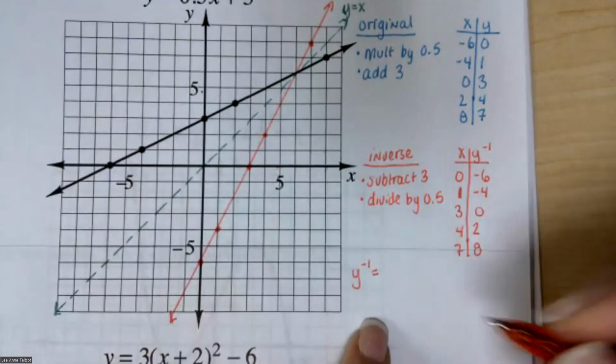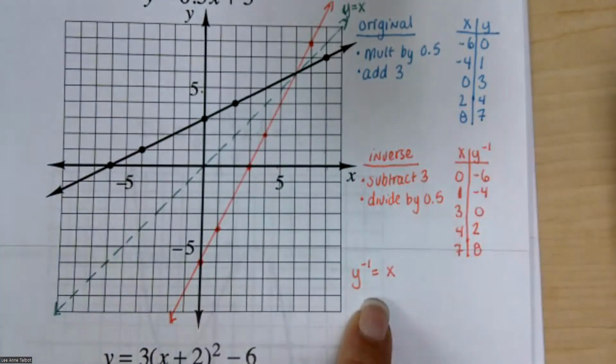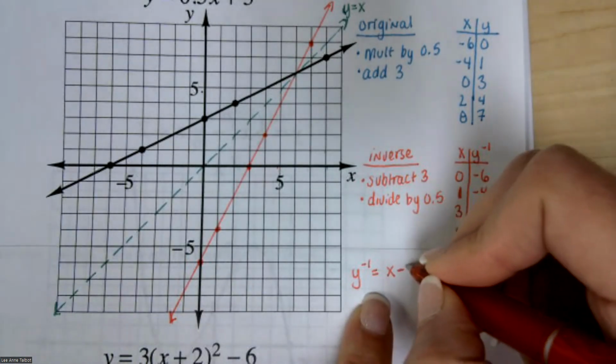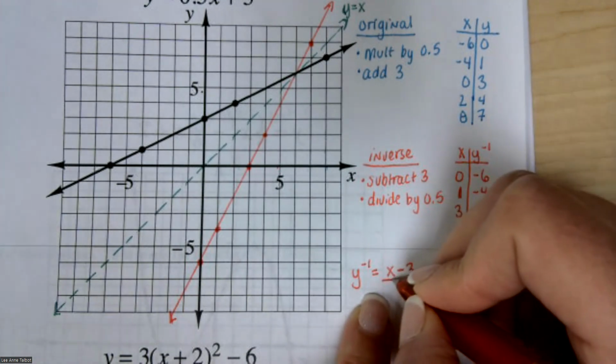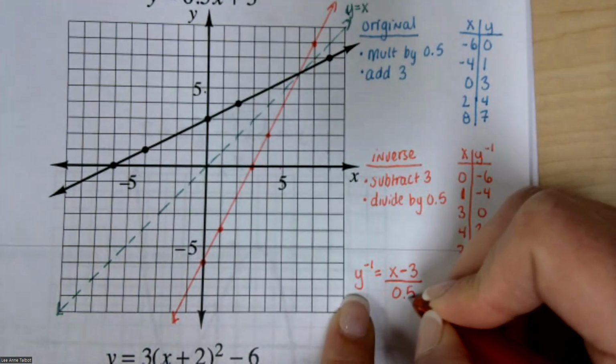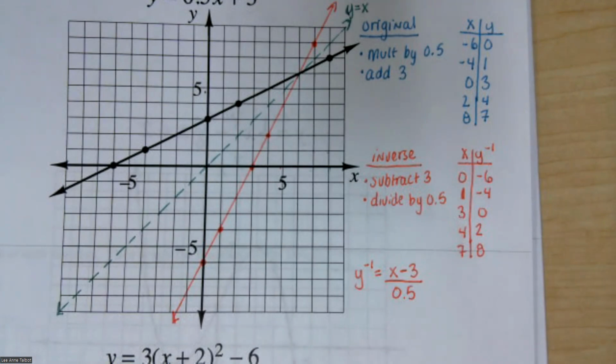Every time I write an inverse, I want to start with x, subtract 3, divide by 0.5. Okay, this is not really an acceptable final answer. It's gross. I don't want to even actually have it on my paper. It's so bad.